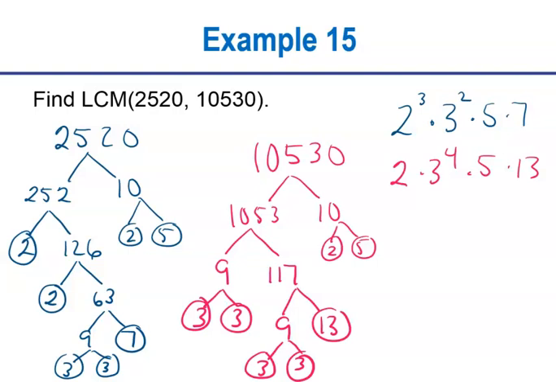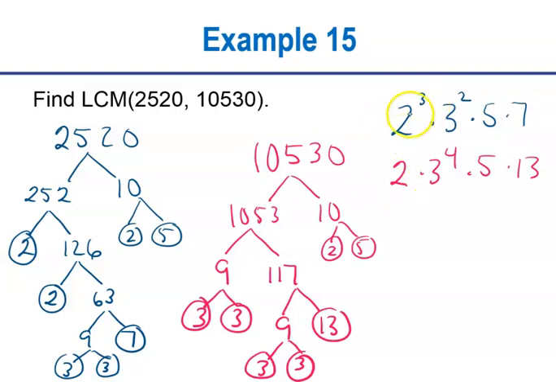Now, here's the good part. We want to find the least common multiple by including every number that shows up. So it doesn't have to be what's in common this time. It's every number that shows up to the highest power.